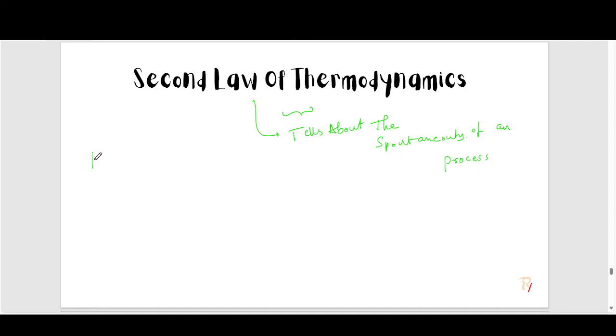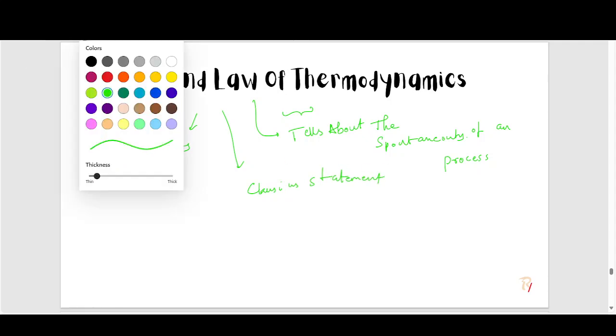Here there are two statements. One is Kelvin Planck's and the other is Clausius statement.